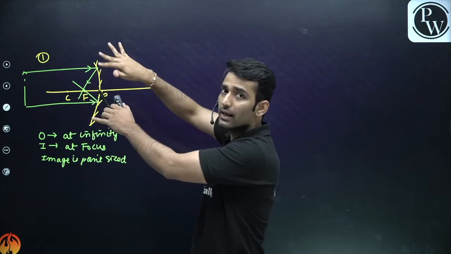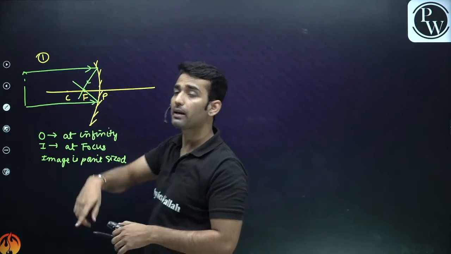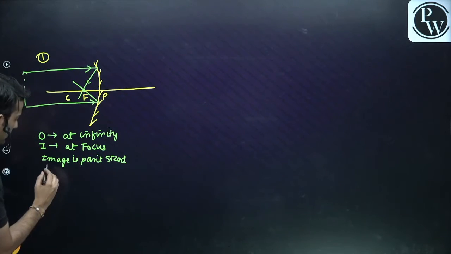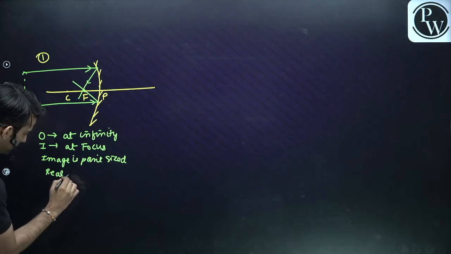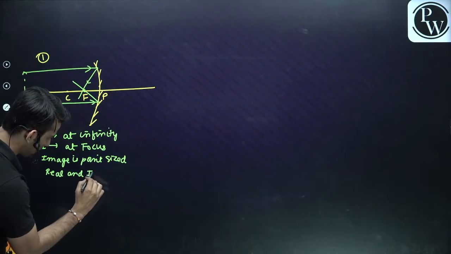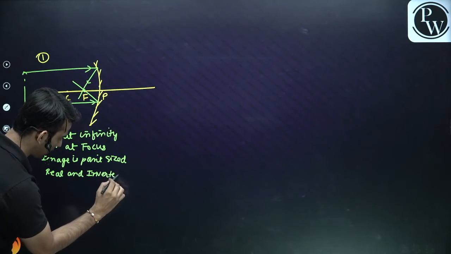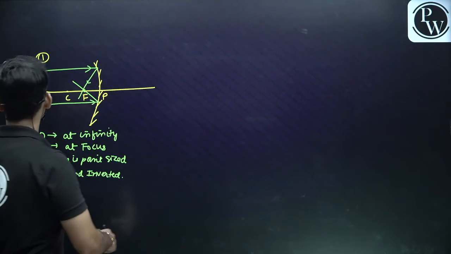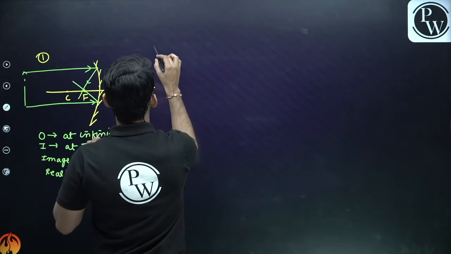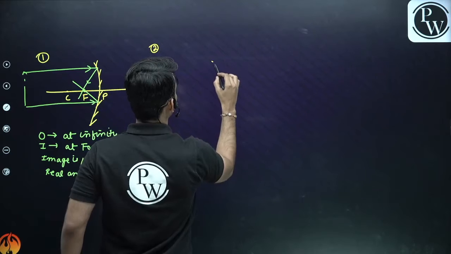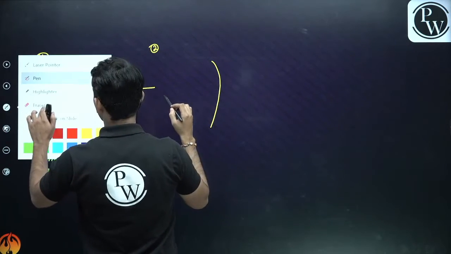You don't have to extend them, and they are formed in front of the mirror. So the image is real and inverted. Clear? So this is how we are going to write every parameter. Clear, guys?